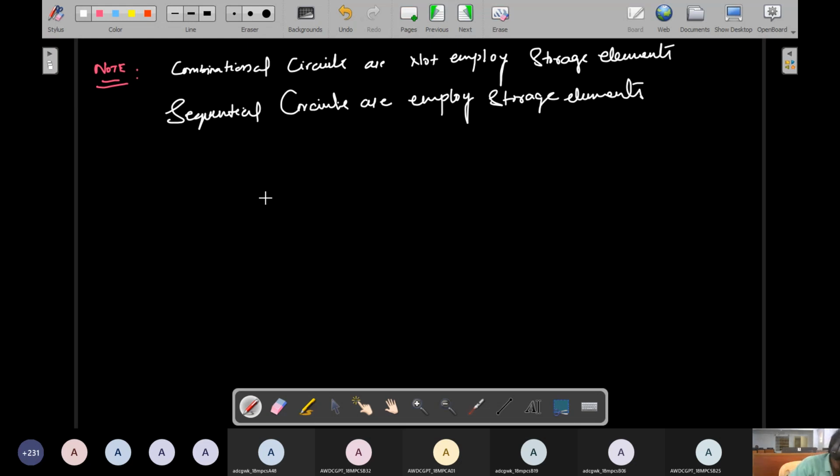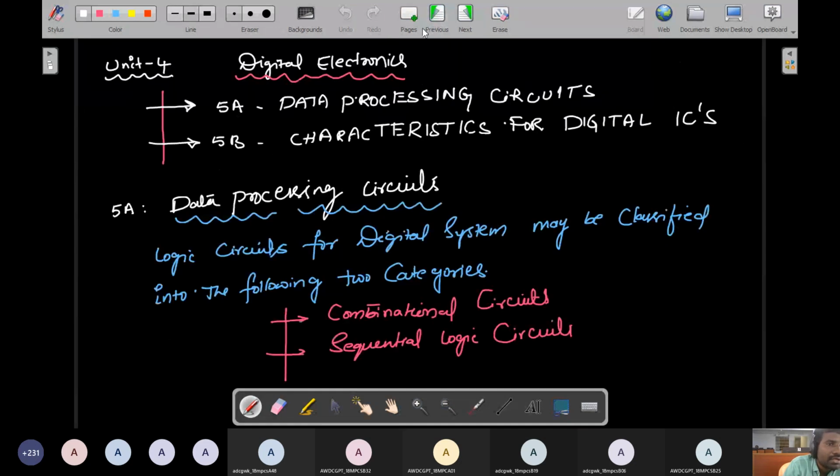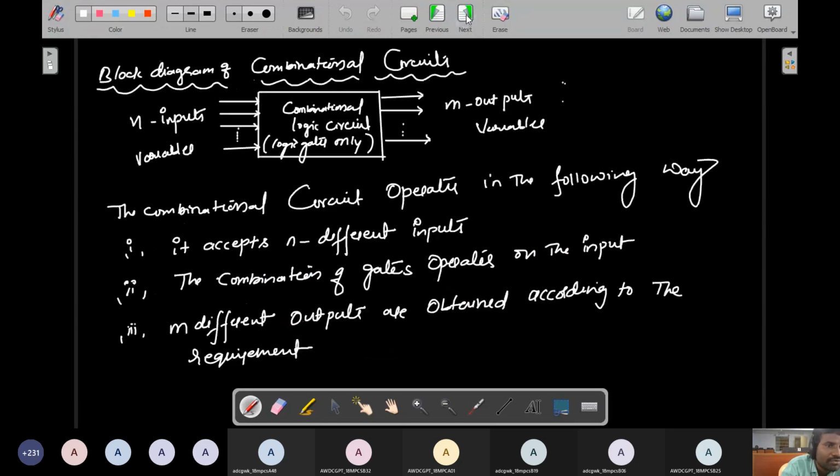Understand? Right now in our syllabus, which combinational circuits are we studying? Data processing circuits are of two types, combinational circuits and sequential circuits. In combinational circuits we can design a lot of instruments.